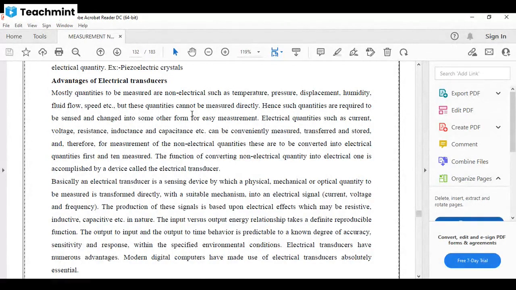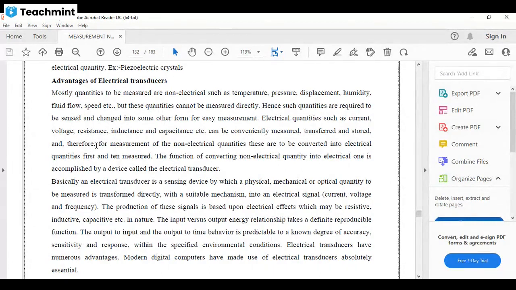These quantities cannot be measured directly, so such quantities are required to be sensed and changed into some form of easy measurement. Electrical quantities such as current, voltage, resistance, inductance, and capacitance can be conveniently measured, transferred, and stored for further use.